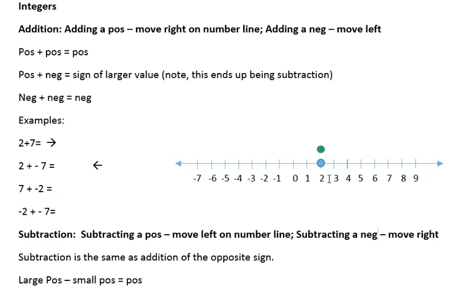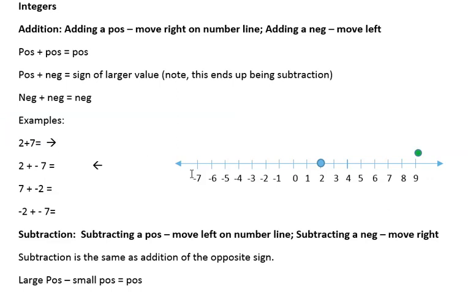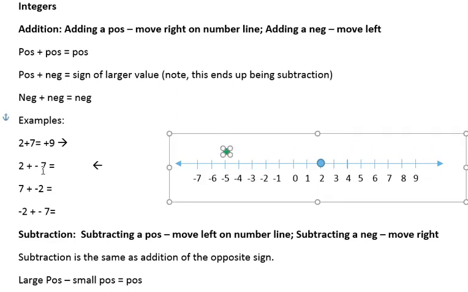So if I had 2 plus 7, I start at 2, I'm adding a positive. So I'm going to move 7 to the right, and I end up at positive 9. If I start at 2 and I'm adding negative 7, I'm going to move 7 to the left. So I get negative 5.